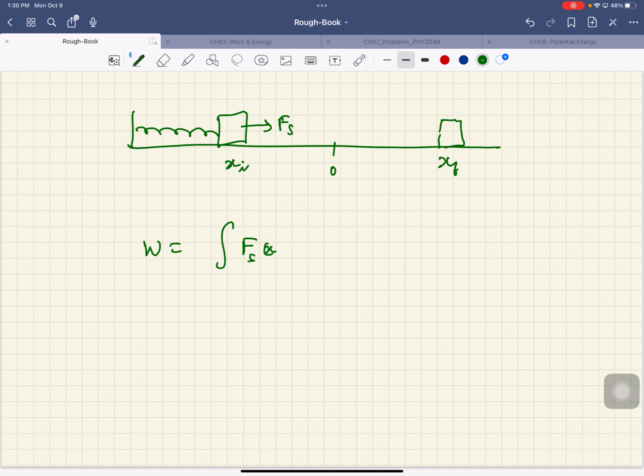It's this integral from x initial to x final. But your spring force is what kind of a force? It's a conservative force. It's minus dU(x)/dx.